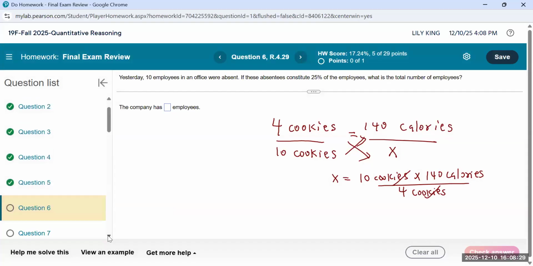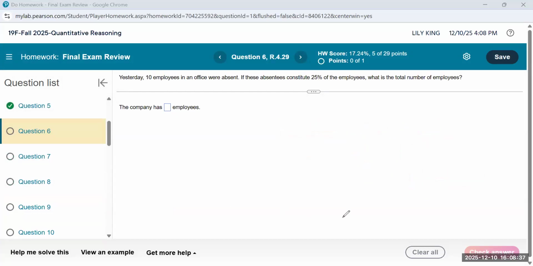Question 6. Question 6 is a percentage problem. Using the percent proportion method, the percentage is always easier to identify, so I'll always begin with that. Then we need to figure out what is our part and what is our whole.